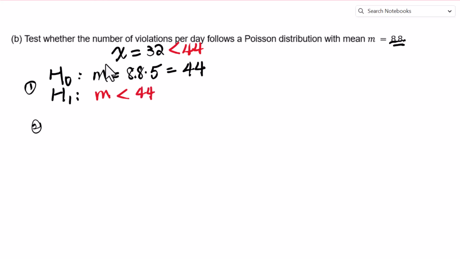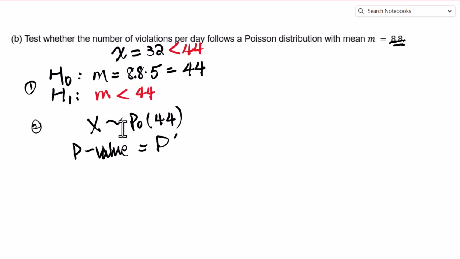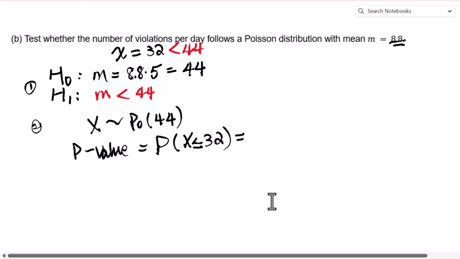Second step, X follows a Poisson distribution with the mean 44. P-value equals the probability of X less than or equal to 32. Let's go to the calculator.